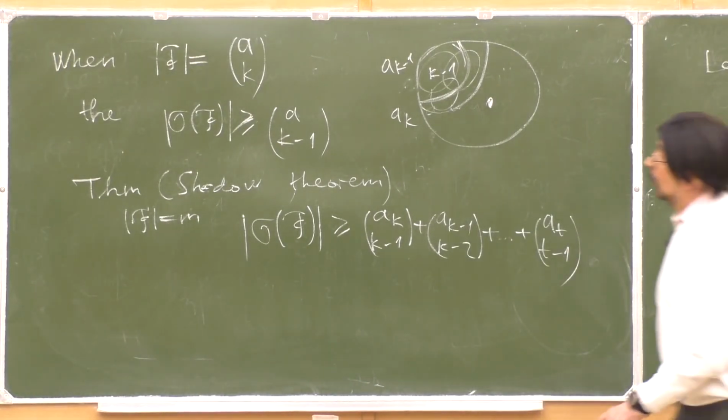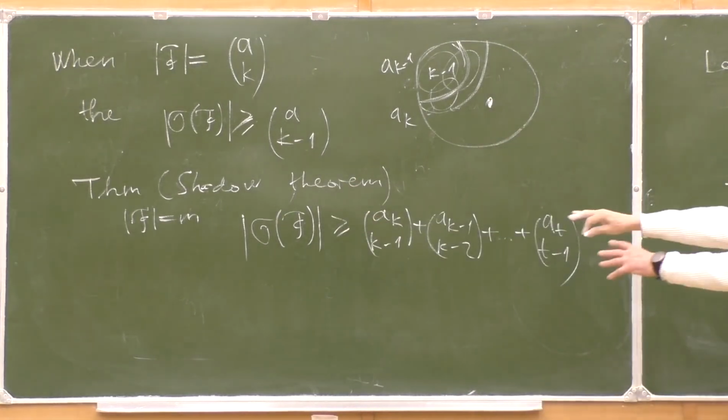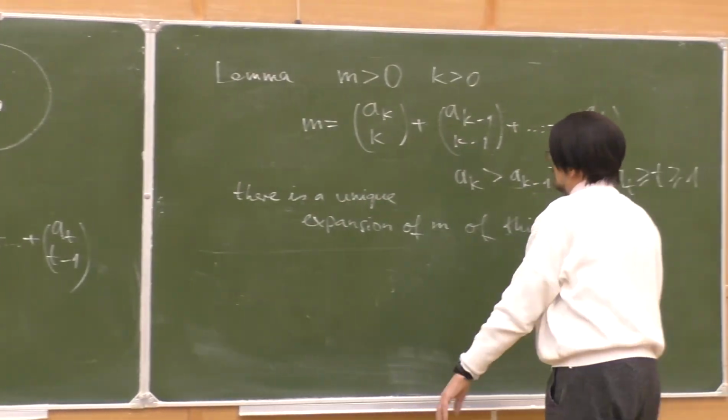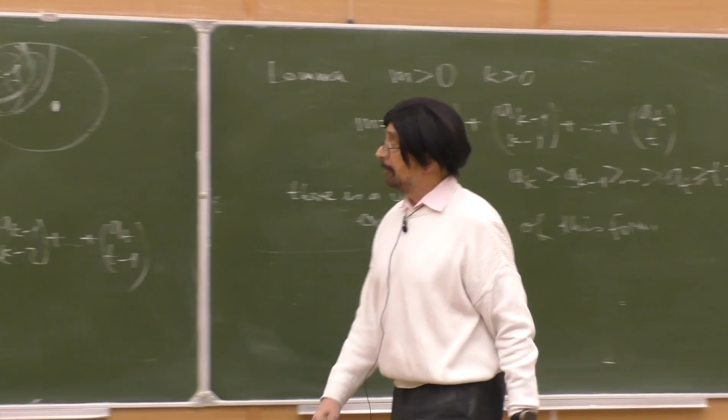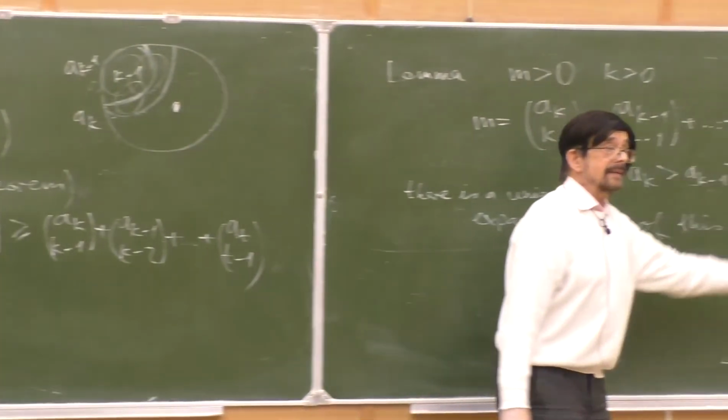So from this we made this one, and we do the same thing with the whole sum, that we decrease the lower part everywhere.